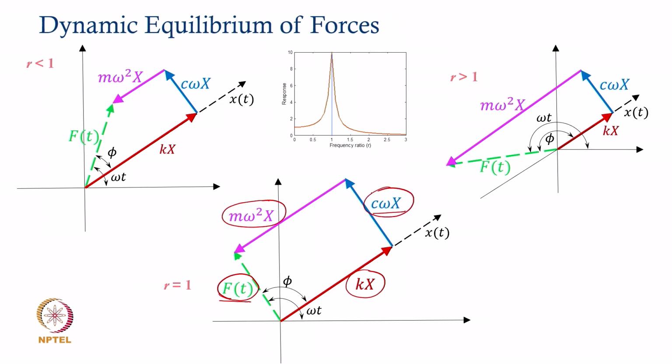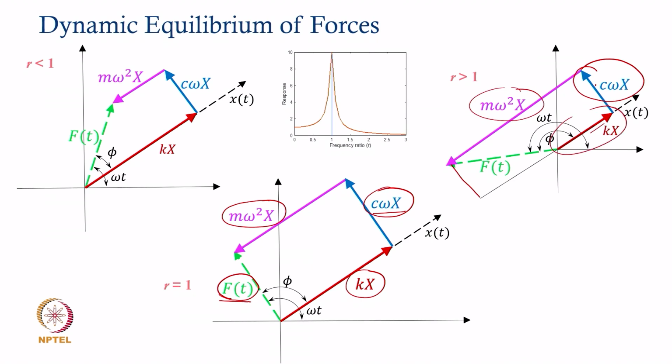The damping force. Okay. And therefore, that is precisely the reason why the damping plays the most dominating and critical role at resonance or in the areas close to resonance, because that is the only thing that is counteracting. You can notice that this force is partly countered by the damping force and partly countered by the difference between m omega square and kx.